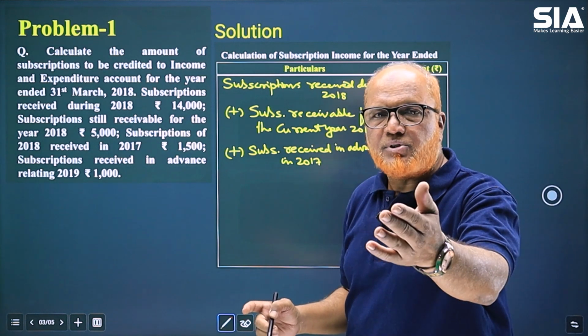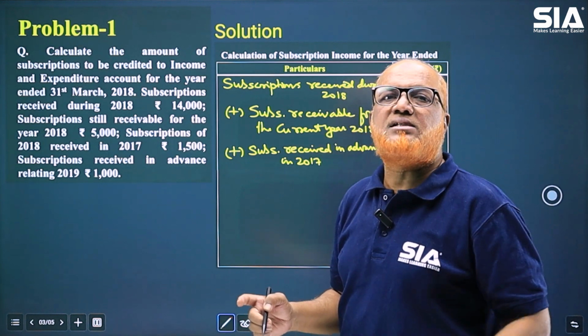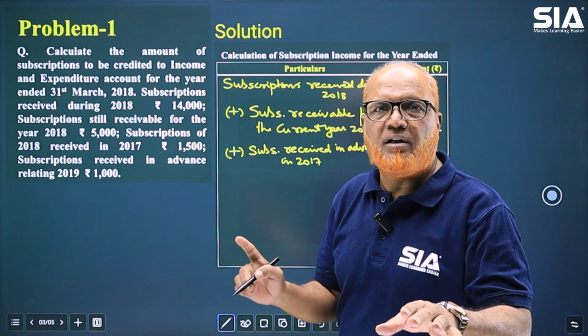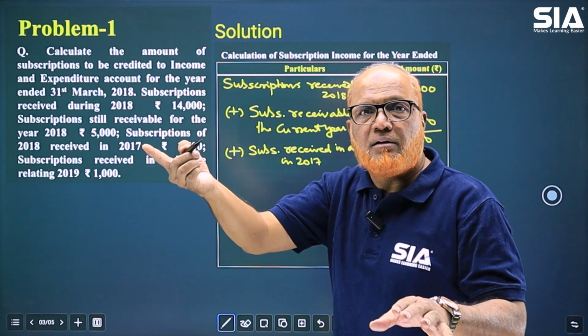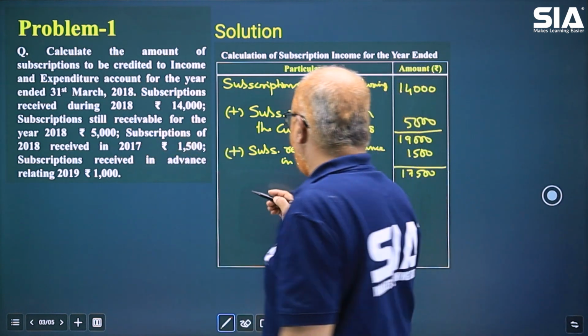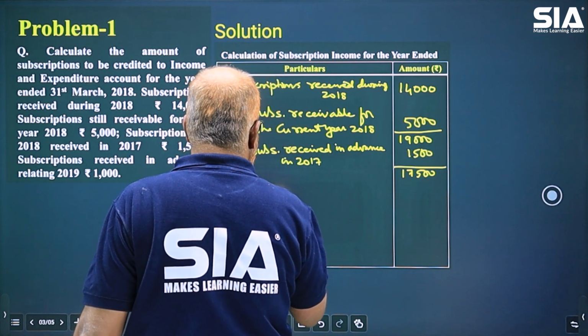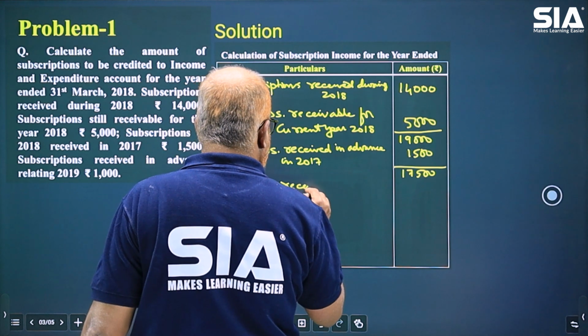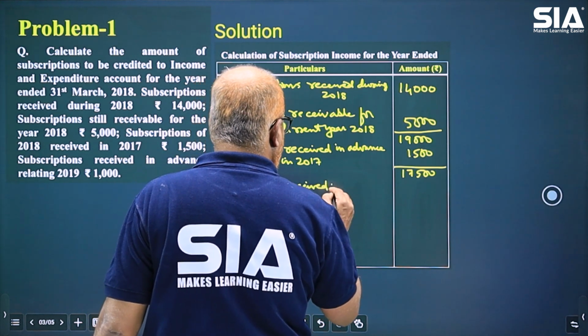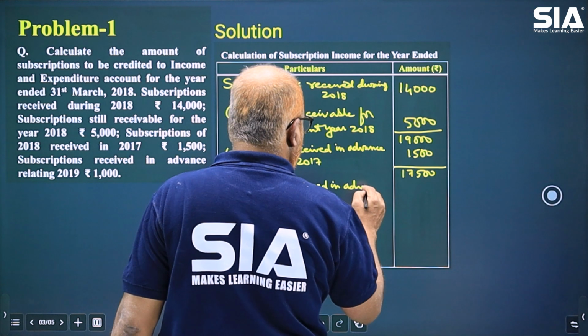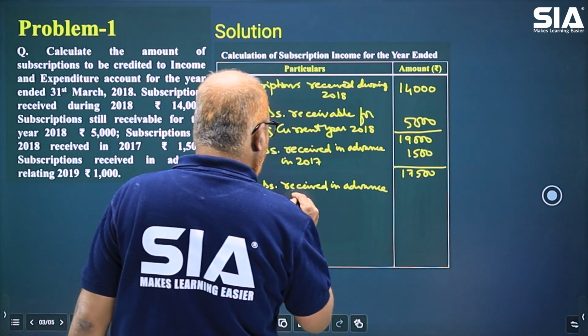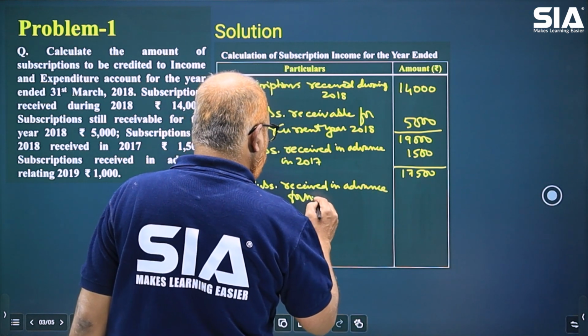So next year's subscription was received in the current year itself. It is not of the current year. It is of 2019. So subtract. Minus subscriptions received in advance for next year.